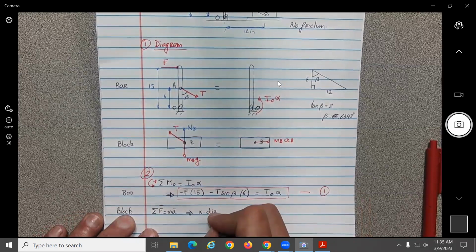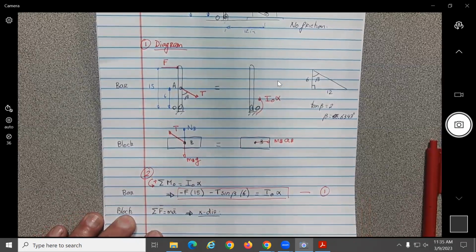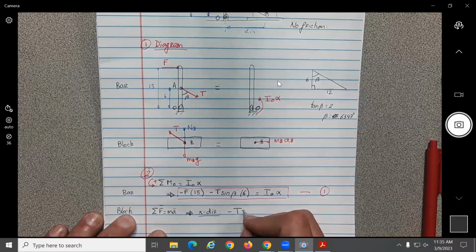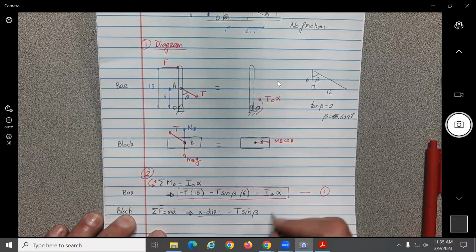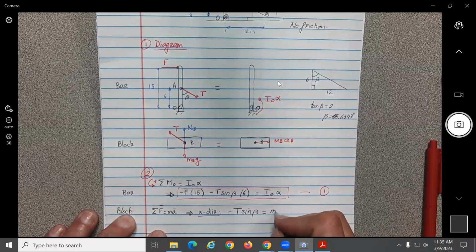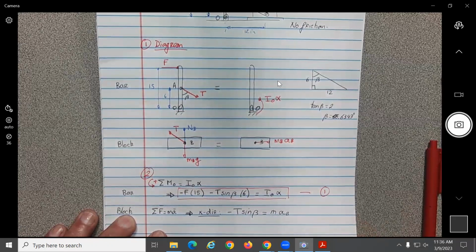I don't know if it's going to help or not, but since there is one equation, the x direction will give us what? Since there is no friction, minus T sine beta will be equal to, there is no friction? Okay. Right. And m_B a_B, okay, I trust you.